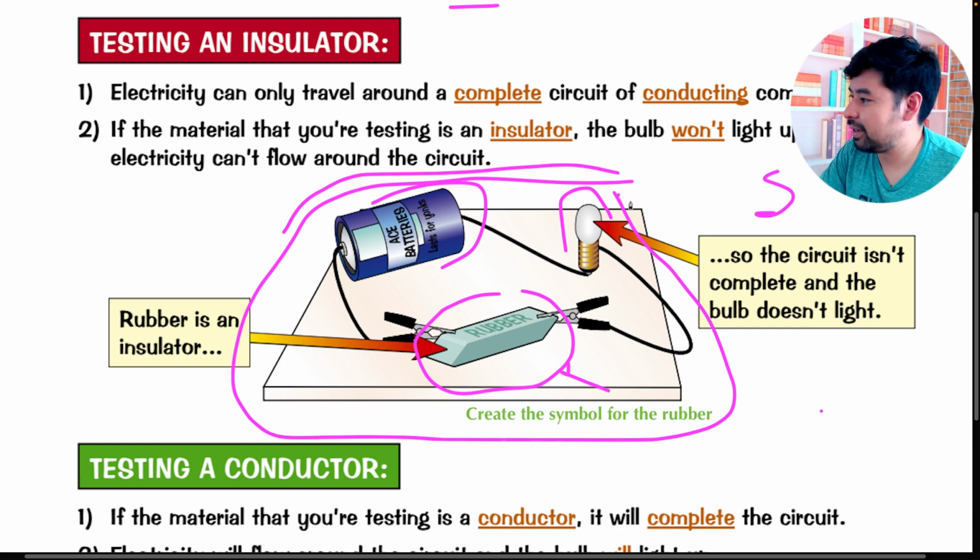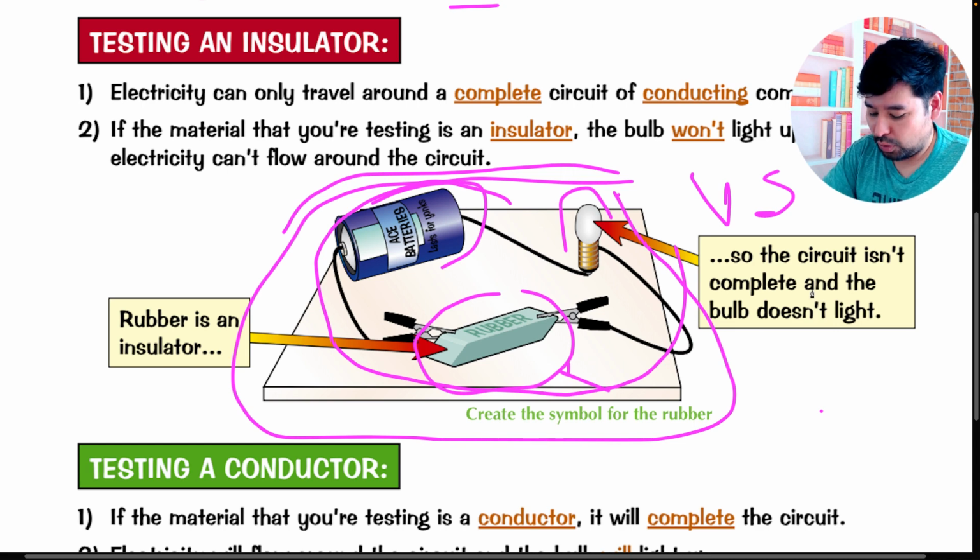On the other side here, as we can see, the circuit isn't complete and the bulb doesn't light. If we look at this circuit here, it is not complete. Why, teacher?